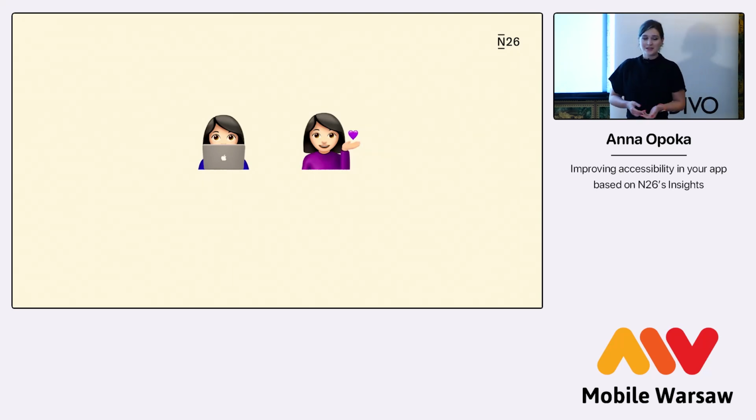And to me personally, as an engineer, this means that I bring real value to the user. To me as a person, it means that I'm doing the work that is aligned with my values. So accessibility to me is just a part of my definition of done.